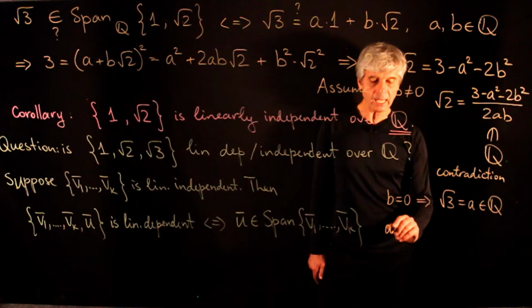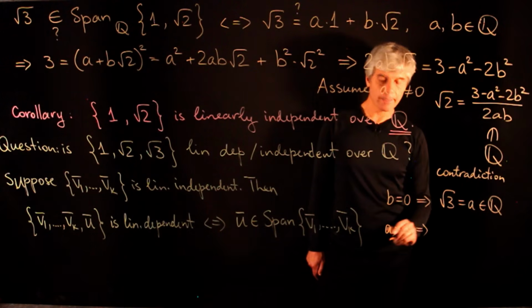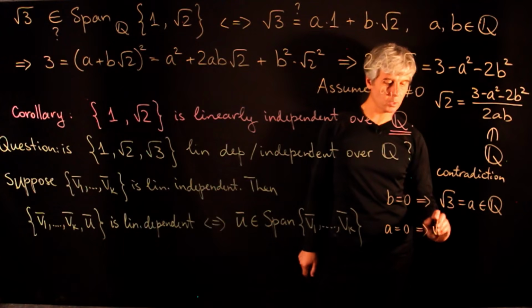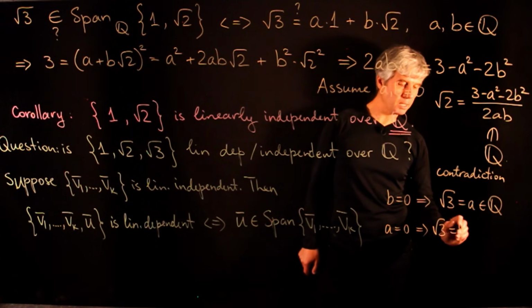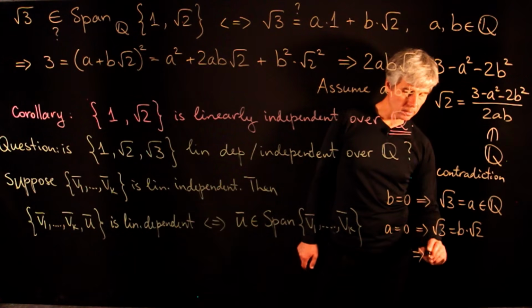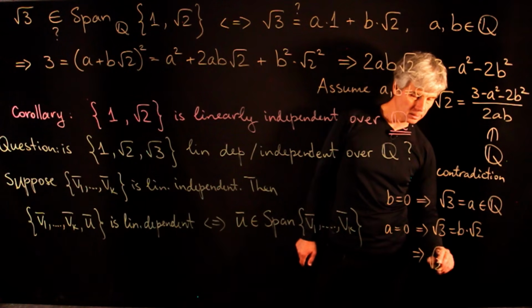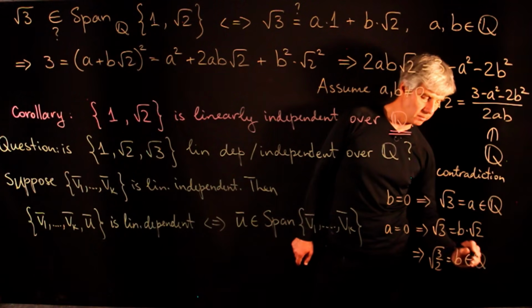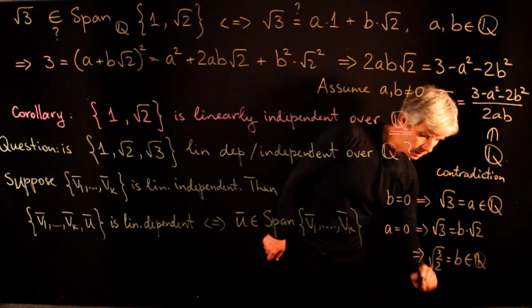And if we assume that a is equal to 0, then we get that square root of 3 is equal to b times square root of 2. And then this would mean that square root of 3/2 is equal to b, which is a rational number. And again, this is a contradiction.